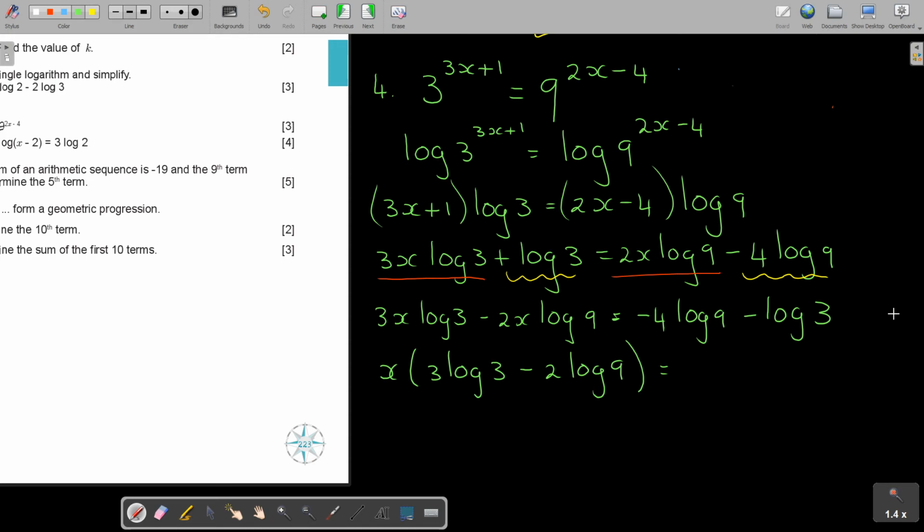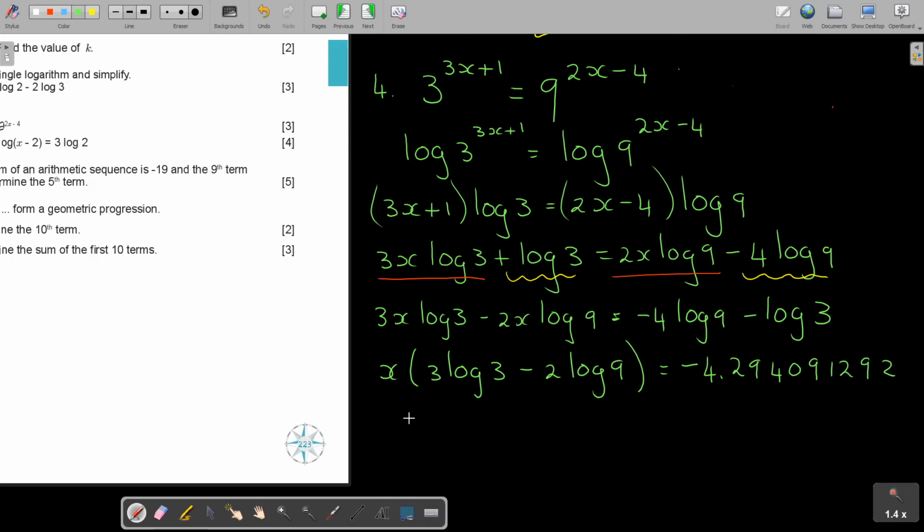I think I'm going to try to just work it out, just don't simplify. Say negative 4 times log 9 minus log 3 equals, no, it's going to be negative 4 point, and now I must not approximate.